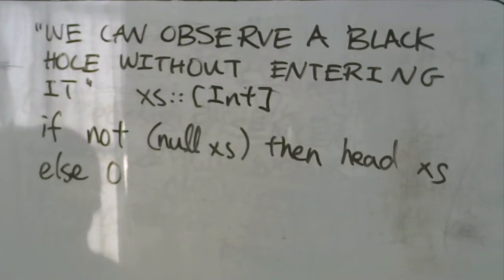So not true is false, and not false is true. And head xs returns the first thing in the list if it exists and throws an error otherwise. So this whole conditional evaluates to the first thing in the list if it exists, otherwise 0.